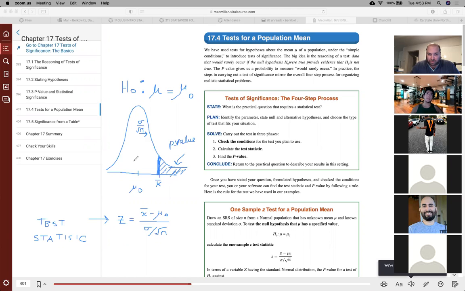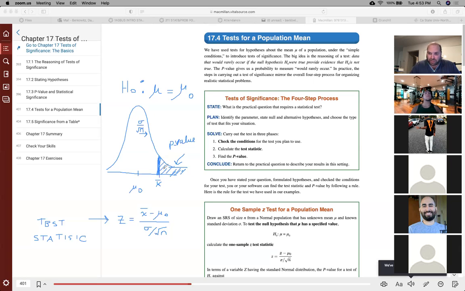I mean, all this stuff too? No, this is closer to the center. That's not more extreme. That's less extreme. Anything to its left, that's a lot of stuff that's very close to the center. We want to be more extreme. We want to be even further away from mu naught than what we got. So if this is what I got, then all these things are further from the center than what I got.